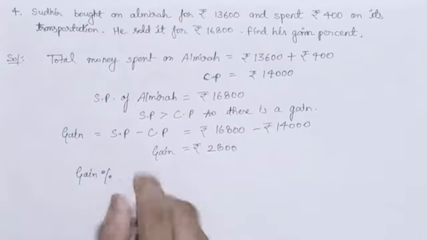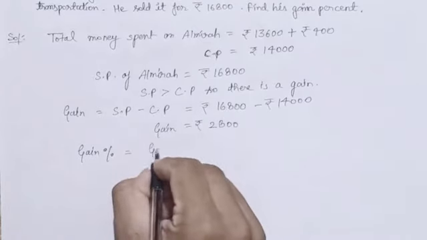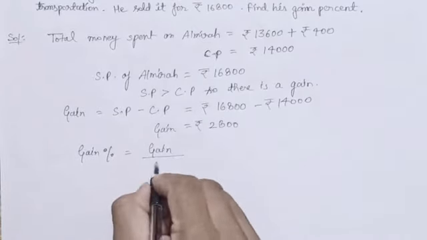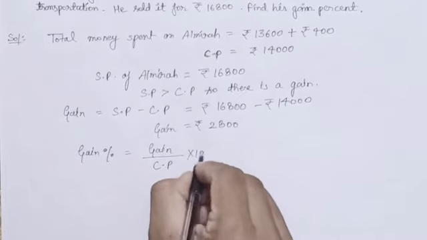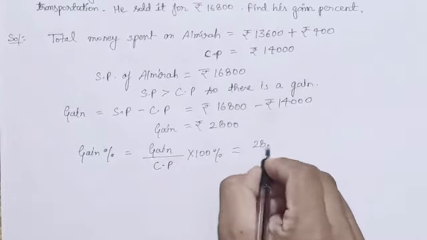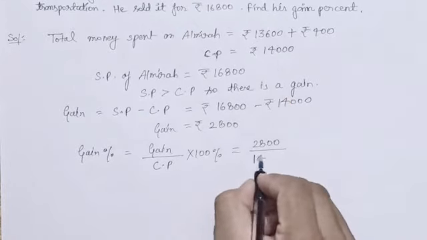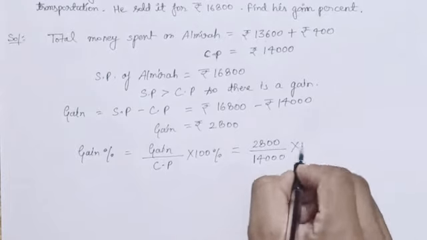Now let us calculate the gain percentage. Gain percentage is equal to gain divided by cost price multiplied by 100%. Now here the gain is 2,800 divided by cost price 14,000, multiplied by 100.